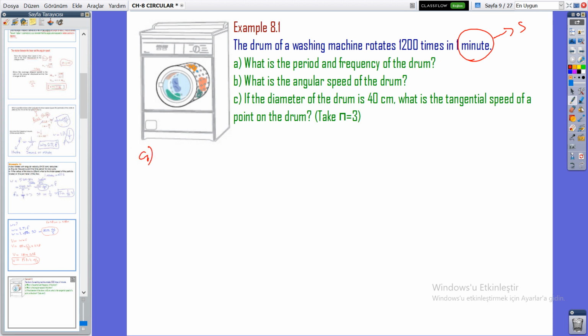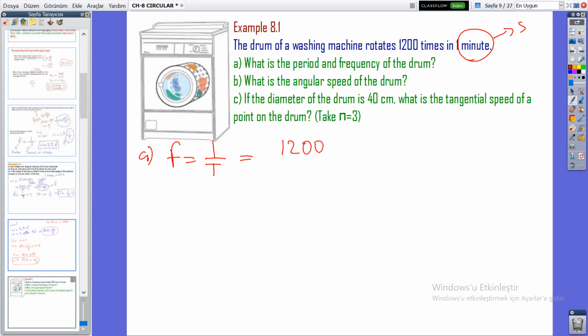First, A: it is asking for the frequency. Our equation is f equals 1 over period. It is giving the turns and the time: 1,200 over time, but it is giving the minute.